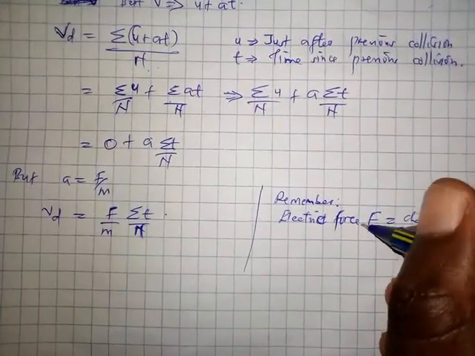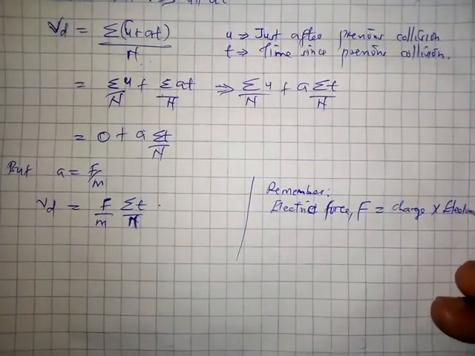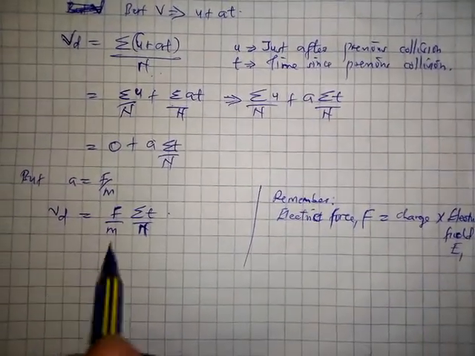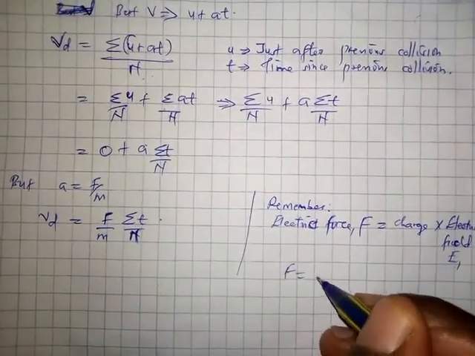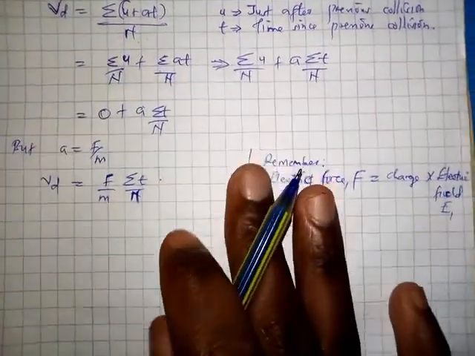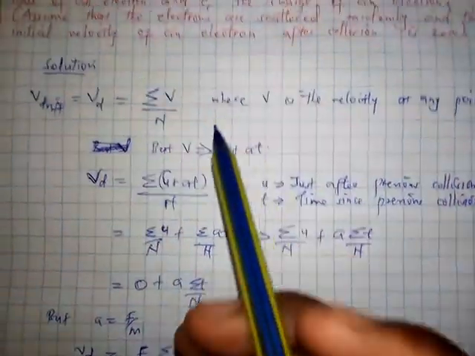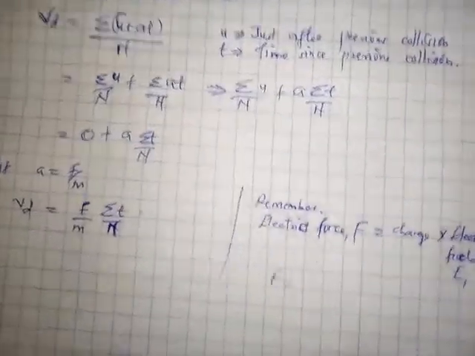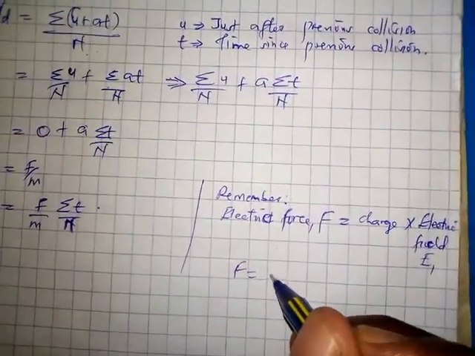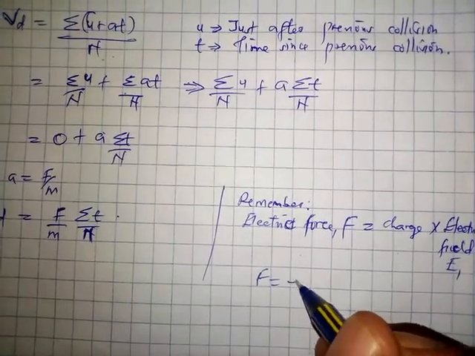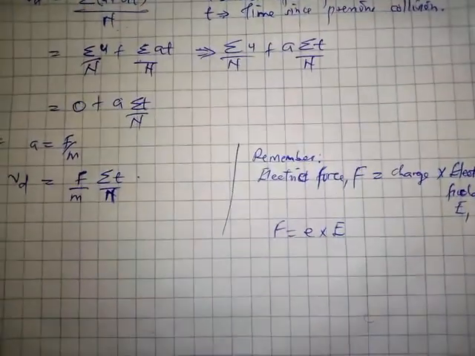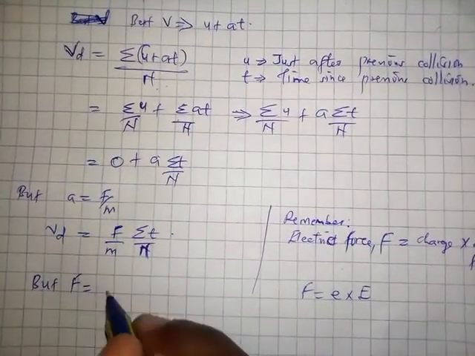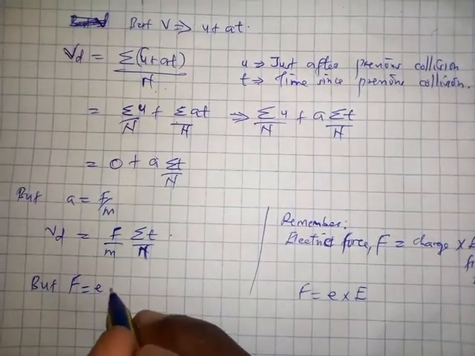So electric force F is equals to charge times electric field E. What's our charge? From the question, the charge is e, the charge of an electron. Therefore, F is equals to the charge of an electron e times E.